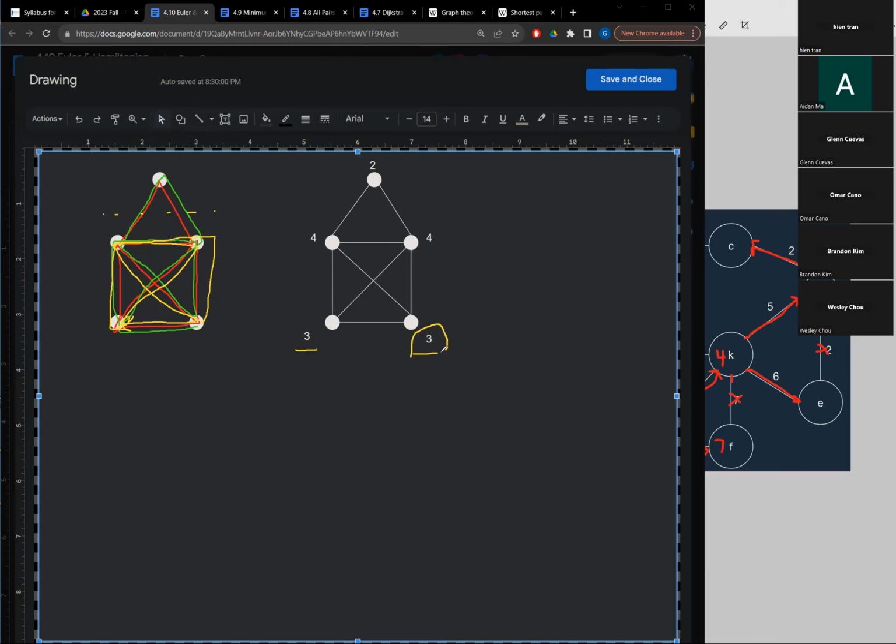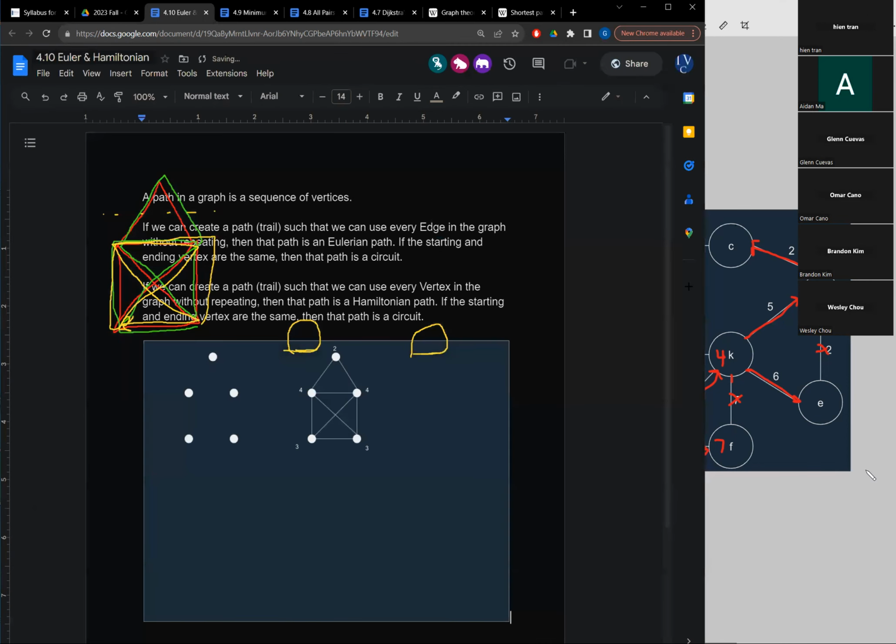Conversely, if I have two vertices with odd degrees and the balance even, then there will exist a trail. How to actually solve for that particular trail is a different story, but we're simply going on whether or not such a thing does exist.